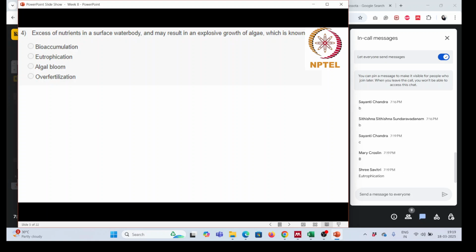This process is known as... The correct answer is eutrophication. We are talking about the process, which means excess of nutrients. Excess of nutrients is called eutrophication and it results in explosive growth of algae, which is called algal bloom. So the correct option is eutrophication.